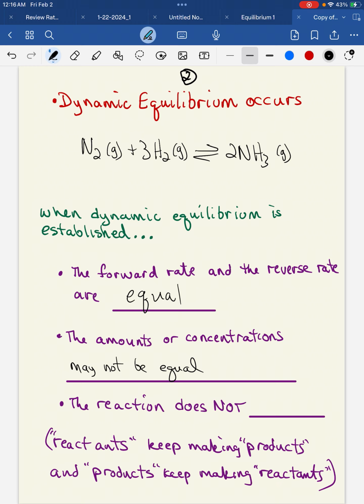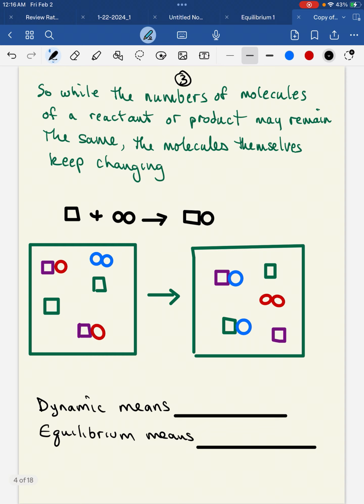And even though it looks like the reaction might have stopped, the reaction does not stop. The reactants keep making products, the products keep making more reactants. So while the numbers of molecules of the reactants or products may remain the same, the actual atoms making up those molecules keep changing, and I've tried to draw that here using different colors.